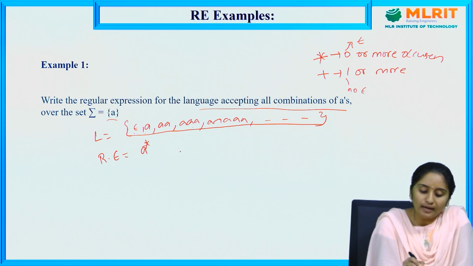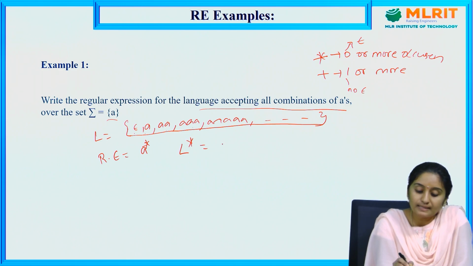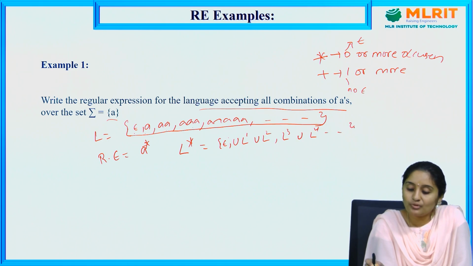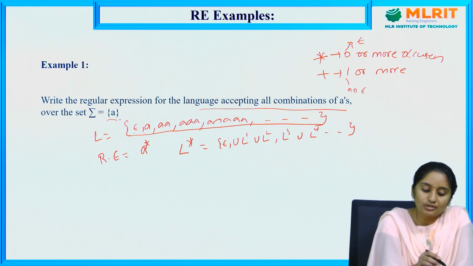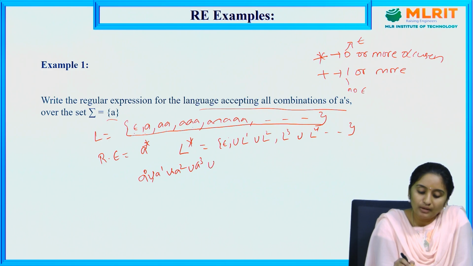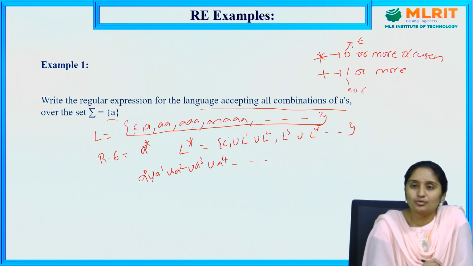So how can we write L star? L star is nothing but I am going to have epsilon union L power 1 union L power 2 union L power 3 union L power 4, and so on. In the same way, here also I am going to have A power 0, A power 1 union A power 2 union A power 3 union A power 4, and so on.